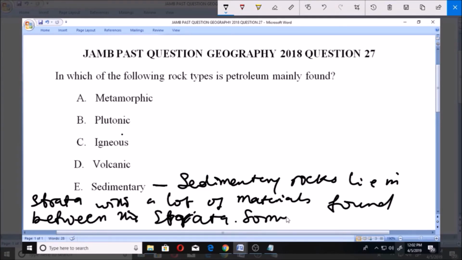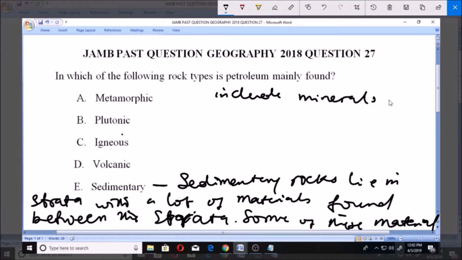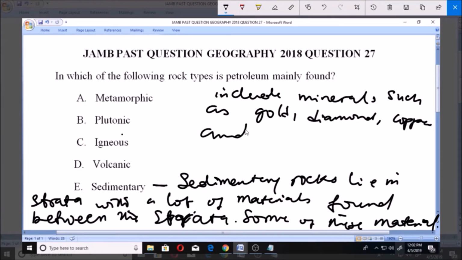Some of the materials that are in between these strata or layers, another word for strata is layers, include minerals, such as gold, diamond, copper, and very importantly, petroleum.